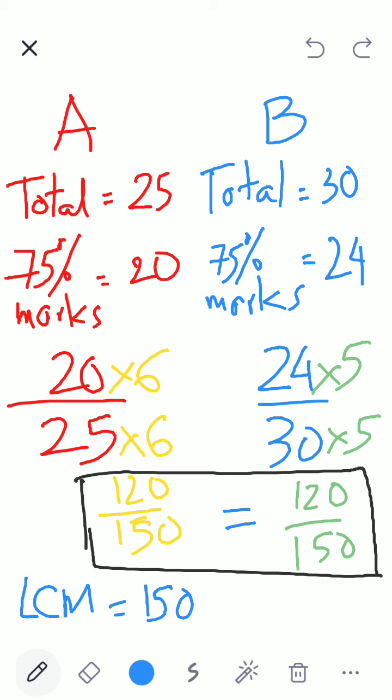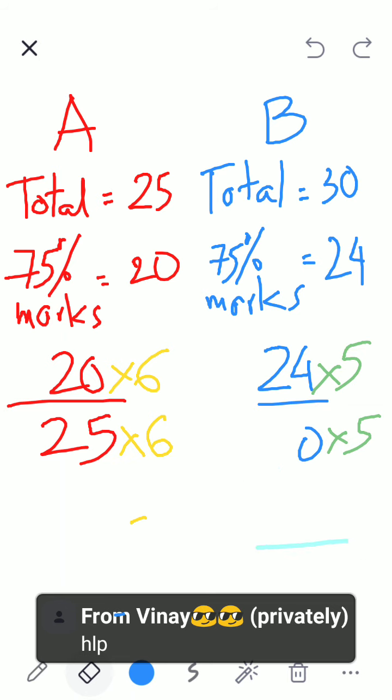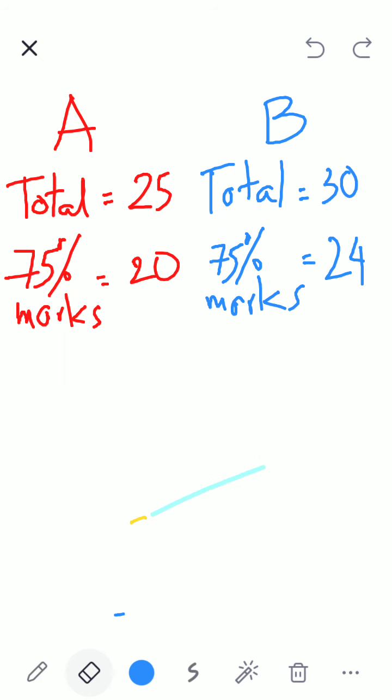Others? Okay. Bhargavi, you did in any other method? Same way? LCM also you got 150? Okay. So now I will tell you all how I can do another thing.